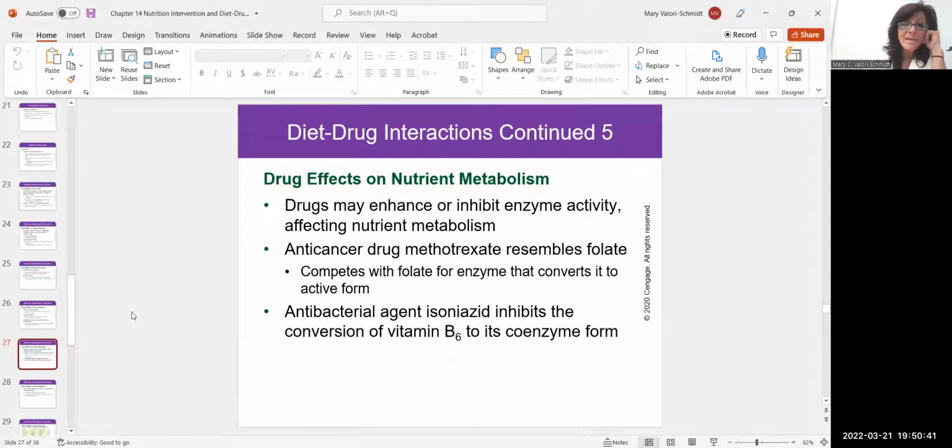Let's see, methotrexate. I don't know if I want to get into all that, but methotrexate is an anti-cancer drug, a chemotherapeutic drug, and it resembles folate. So when you take methotrexate, your body sees it as folate or folic acid. Lithium, that's not on here, but this is my favorite. When you think lithium, you think salt.